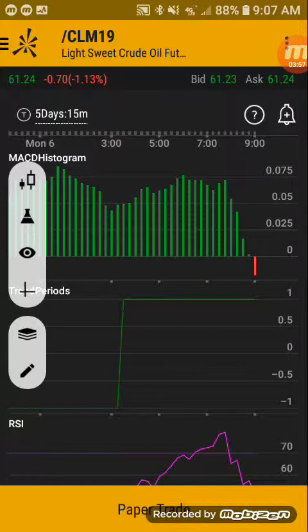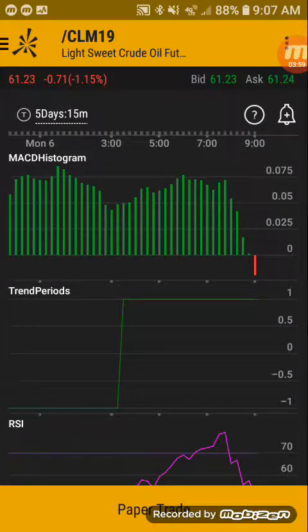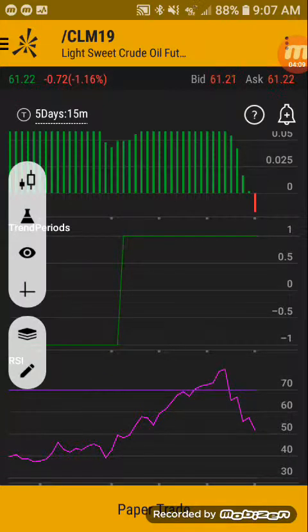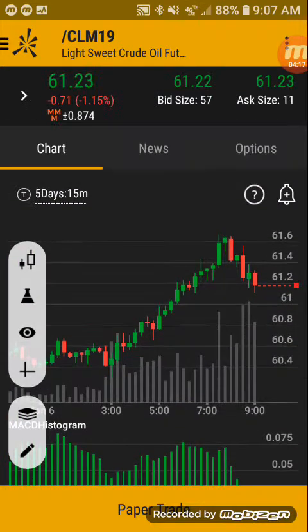I like to short when it's somewhere above that 0 line. And I don't like to short when the RSI is in the middle or the bottom of the grid. I like to short when it's somewhere around the 70 line, 60 to 70 line.